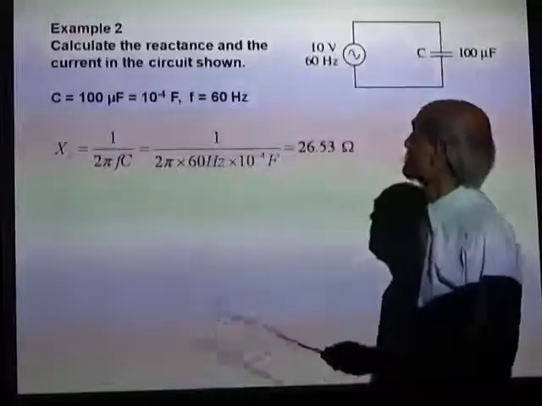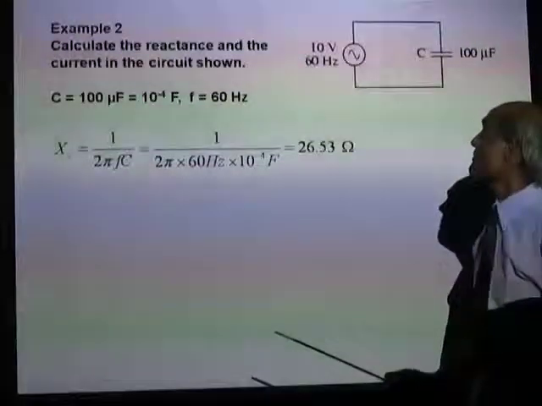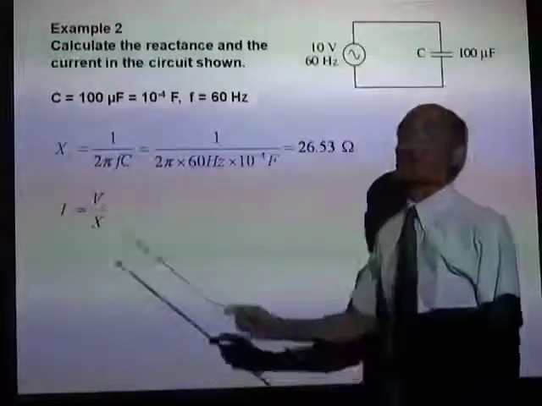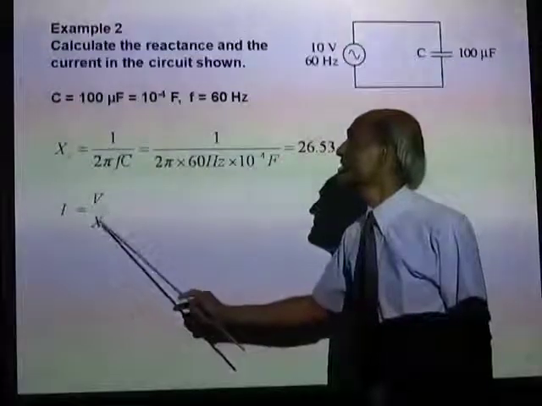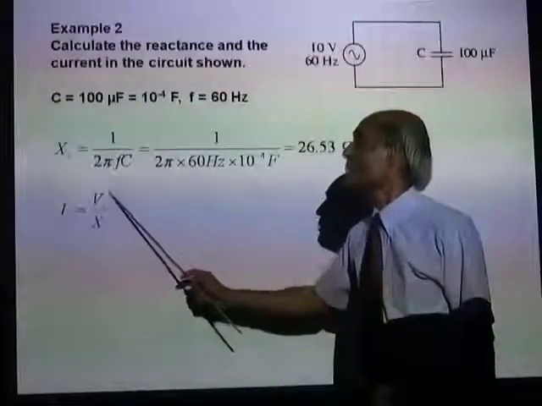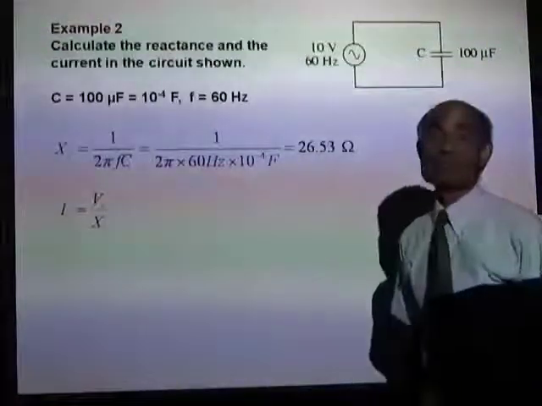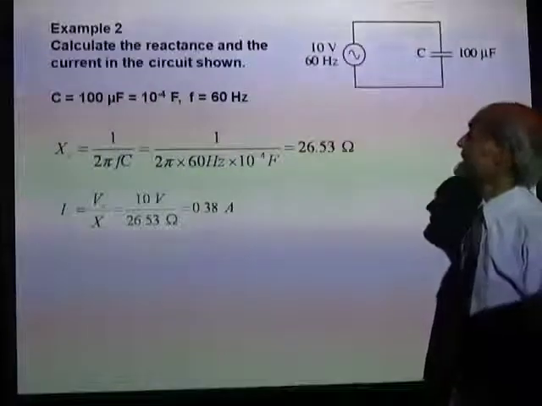We know all those values. That gives you the reactance 26.53 ohms. In that case, what is the current? The current in the capacitance is Vc divided by Xc, voltage across the capacitance divided by reactance of the capacitance. And that will be 0.38 ampere.